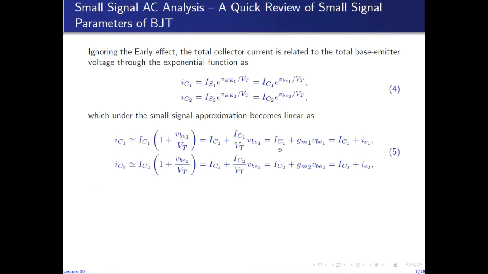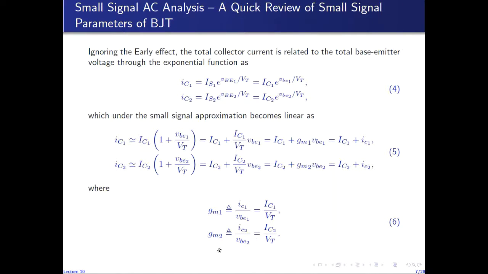We define this ratio here as the transconductance of the transistor. So IC1 is equal to this thing, and we define GM1 as IC1 over VBE1, which gives us this ratio here.